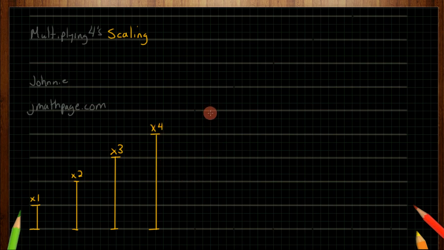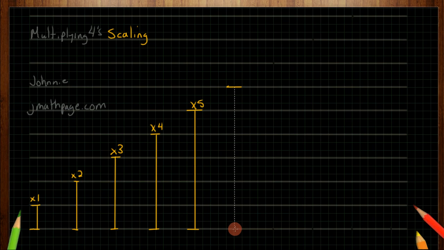The next one will be how many? Well, it must be 5, right? Because we're making a pattern here. So here I have 1, 2, 3, 4, 5 measures tall. So this one is 5 times as tall as the first measure. It's been stretched out. The next one, this one's going to have to be 6 measures tall, right?